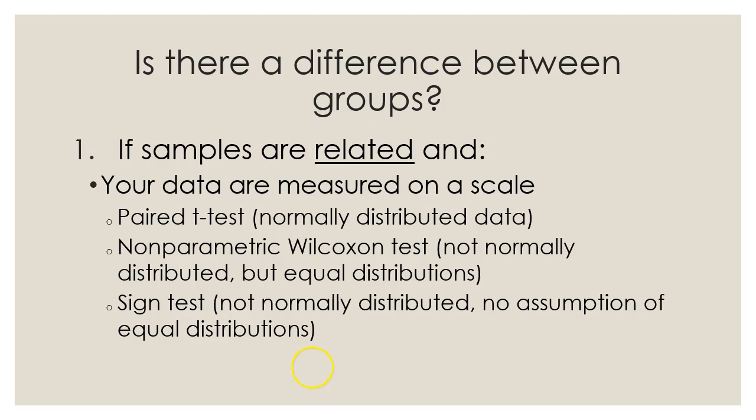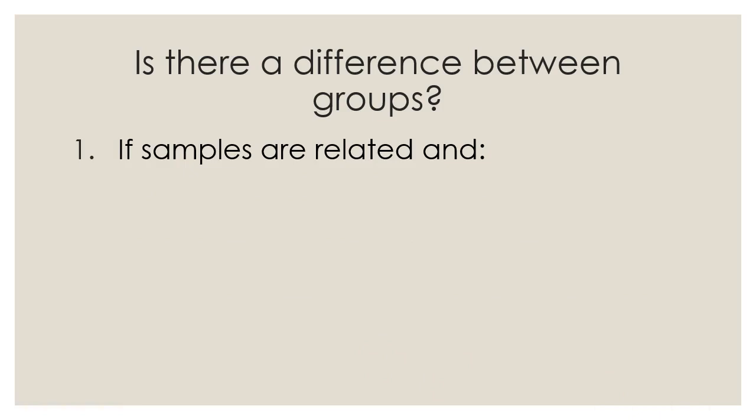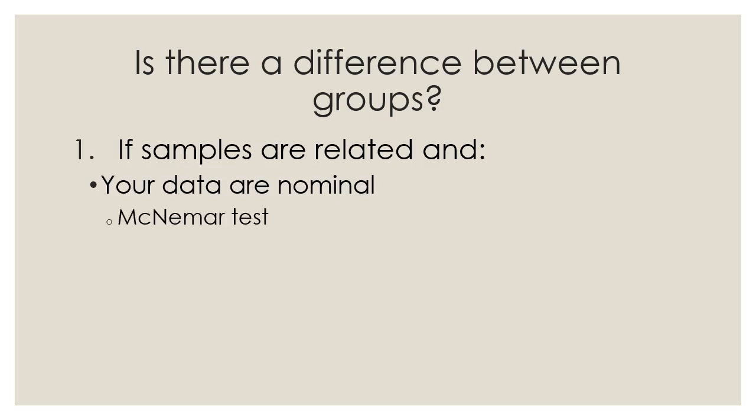And still, the Wilcoxon and sign test you will use when you have non-parametric data, which means that they're not normally distributed. Now, if your samples are related and your data are nominal, so we talked about continuous data. Now, if your data are nominal, there's only one test here that I'm going to tell you about, which is the McNemar test. Okay, so in this case, it's pretty simple.